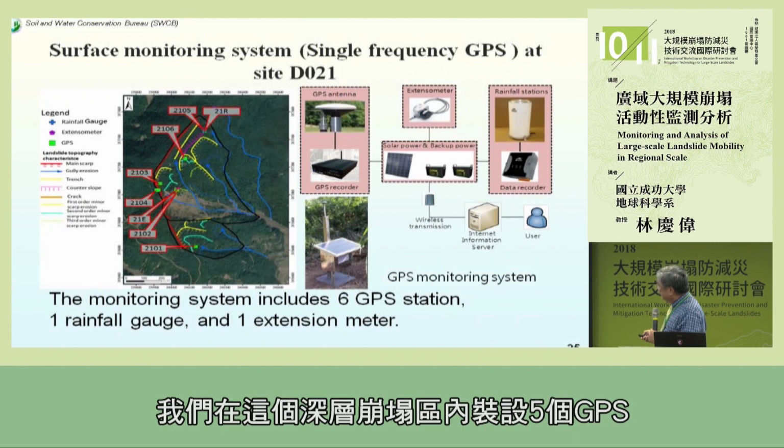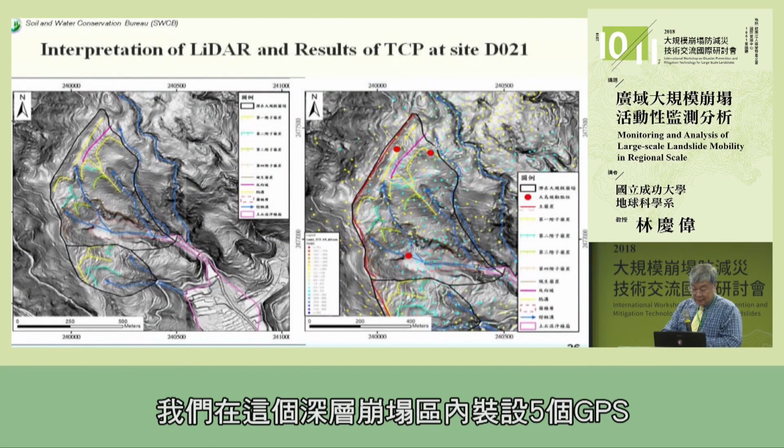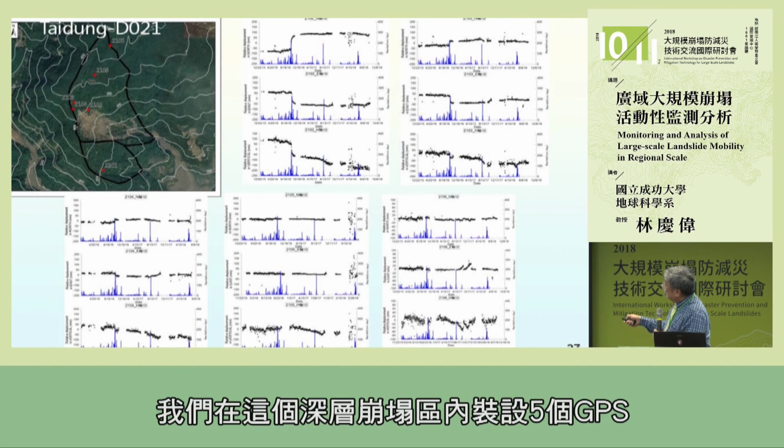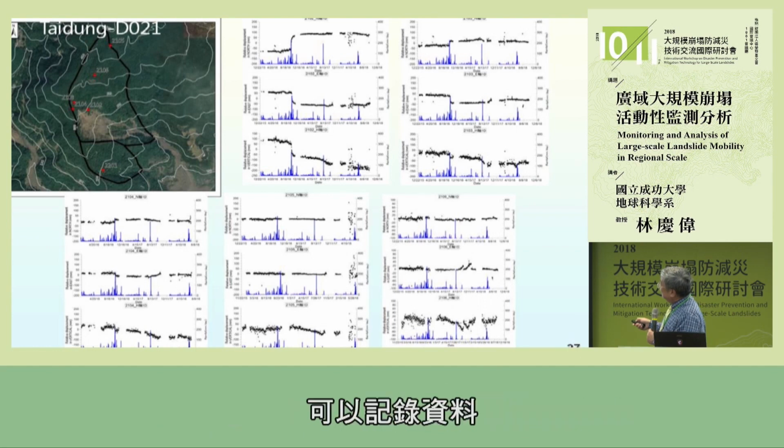I'm using the site D021 to illustrate how the GPS displacement system works. For this site, we put 5 GPS within the deep-seated landslide, and we can record the data.